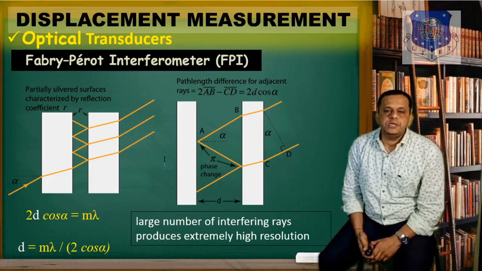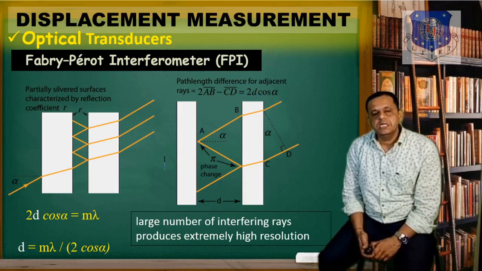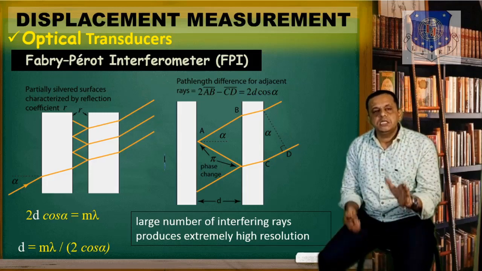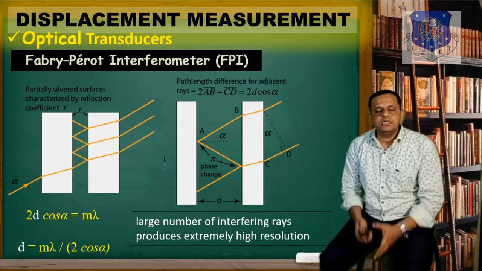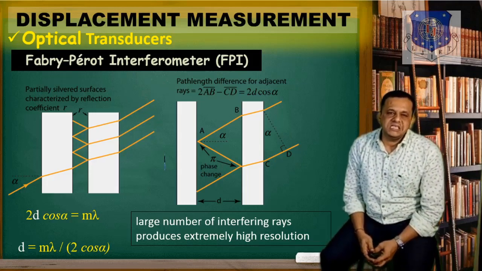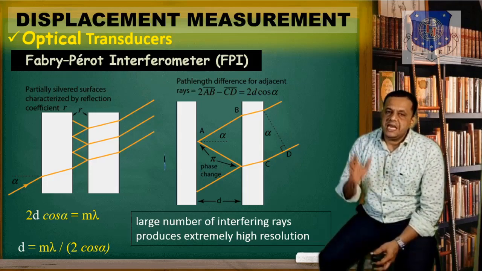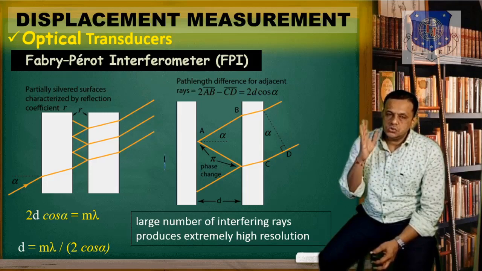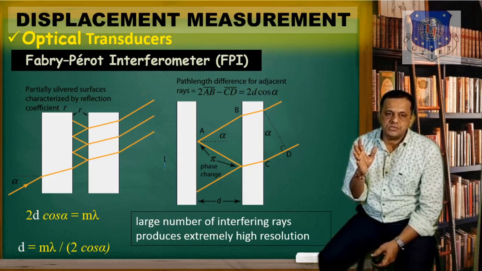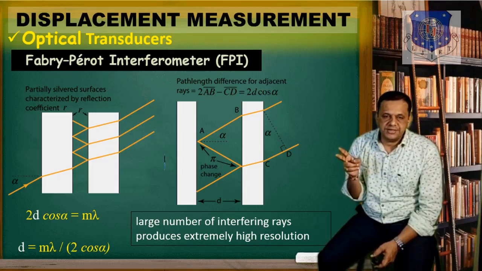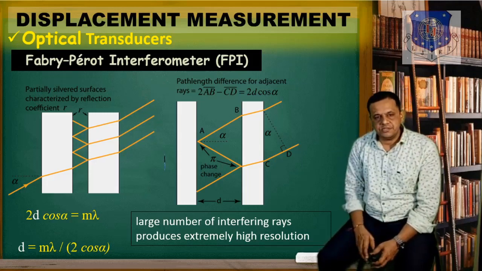This is the Fabry-Perot Interferometer, FPI, and here we finish our topic on optical transducers. We have gone through 5 types of optical transducers. The first was intensity based, the second was triangulation based, in the previous session.